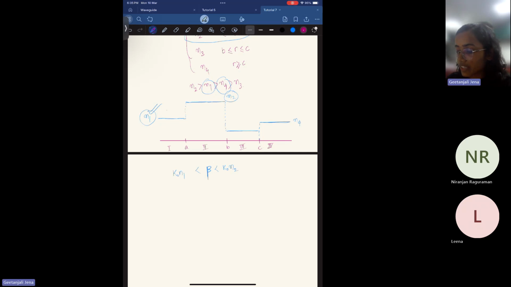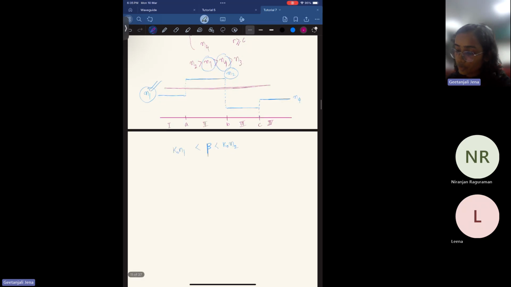If beta lies in this region, we'll have a guided mode in the core region, and in the cladding it will be exponentially decaying. I think this concept is already clear. We have solved more than two or three problems regarding this.